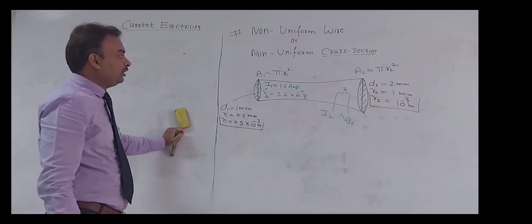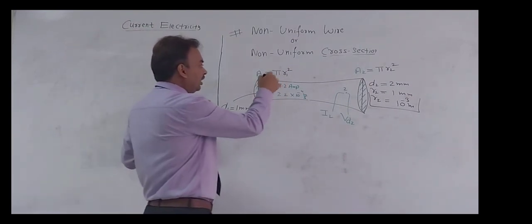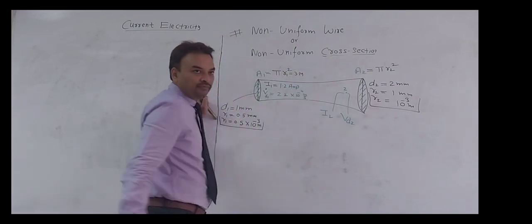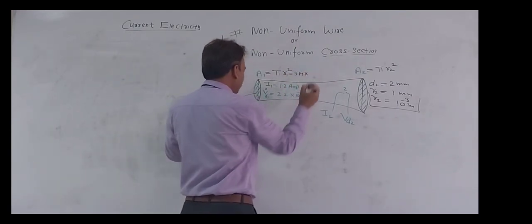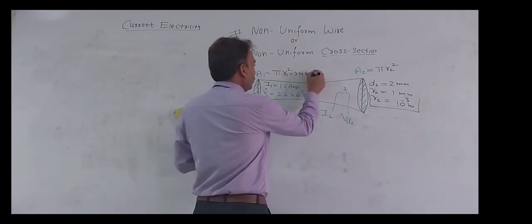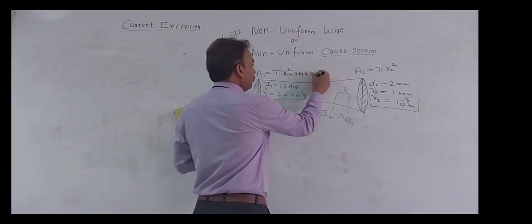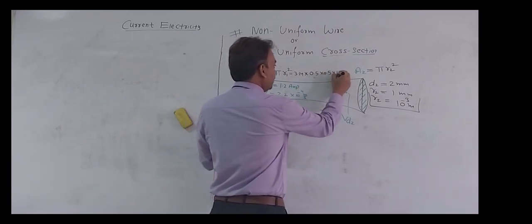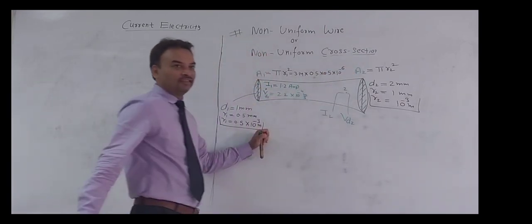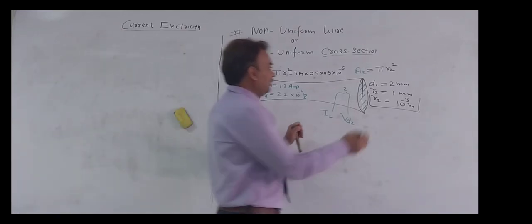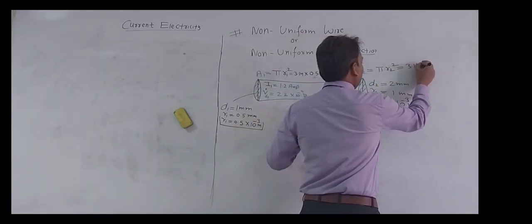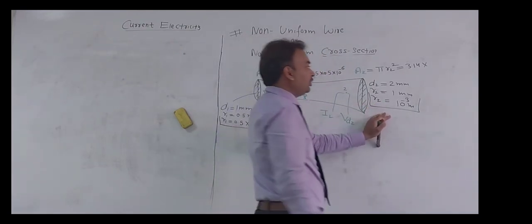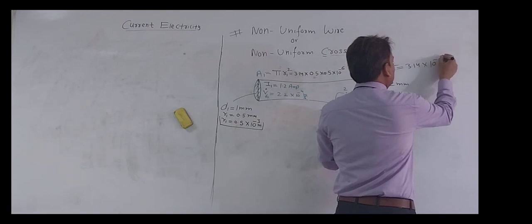If I calculate pi R1 square, pi means 3.14, R1 square means 0.5 multiply 0.5 and this will be 10 to power minus 6. And A2 becomes 3.14 into R2 square, 10 to power minus 3 square means 10 to power minus 6.